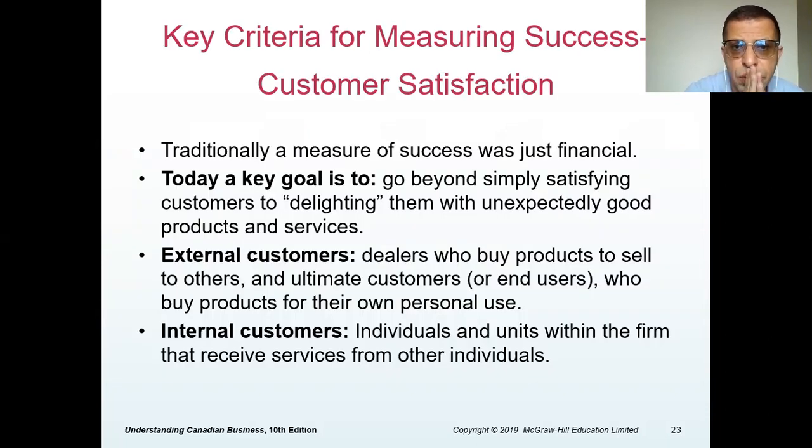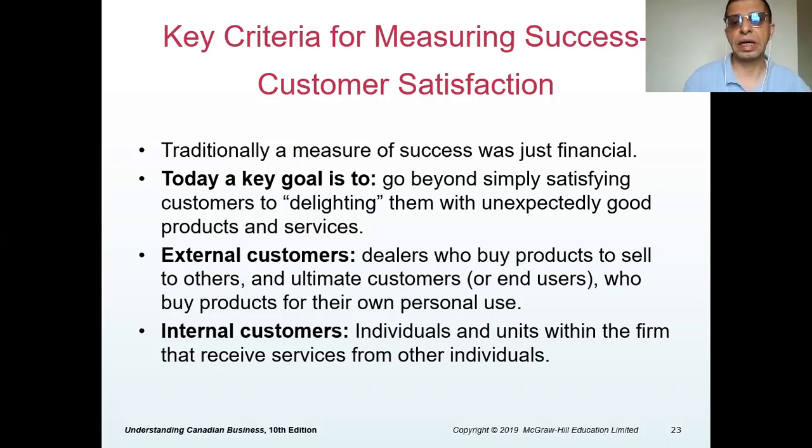So the key criteria for measuring success these days: in the old days, we used to say customer satisfaction. Before that, we said manager satisfaction. This has totally changed now. Customer satisfaction or financial satisfaction or managerial satisfaction became traditional.